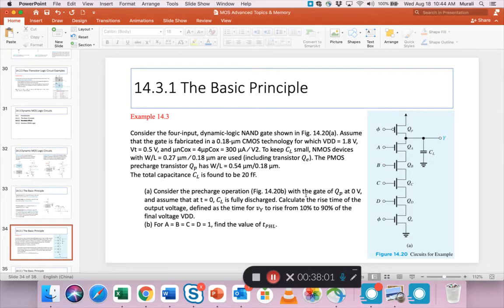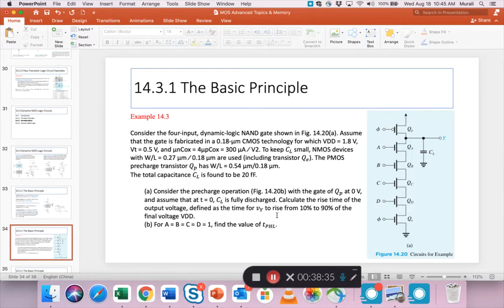consider the pre-charge operation. Remember, there's a pre-charge operation and an evaluation operation. In the pre-charge operation, with the gate at 0 volts, that means the clock is low, and assume that at t equals 0, CL is fully discharged. Now this CL will charge. During the pre-charge operation, the capacitance will charge up until Y is equal to VDD. So find the rise time.